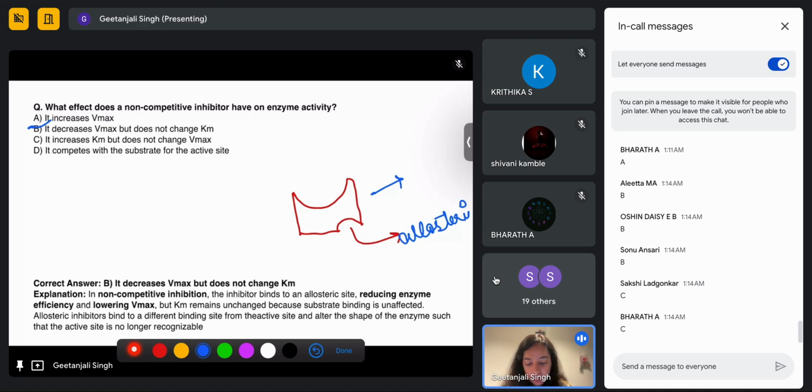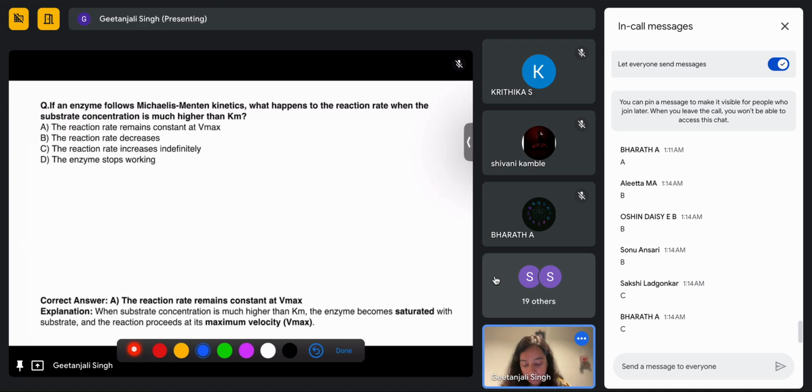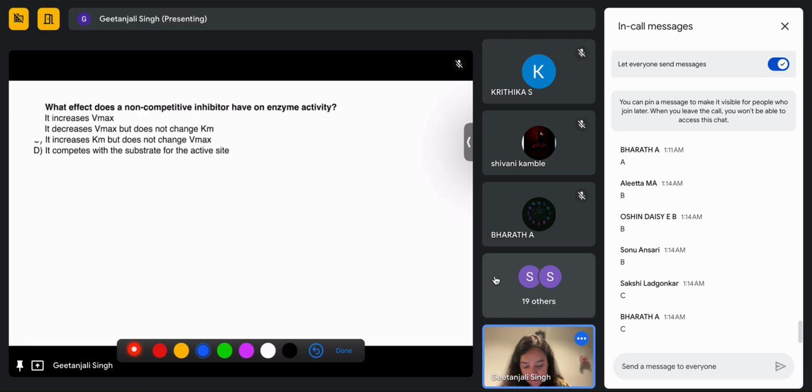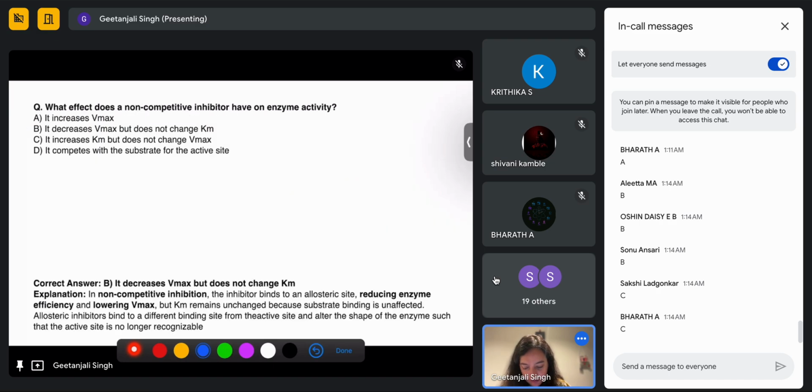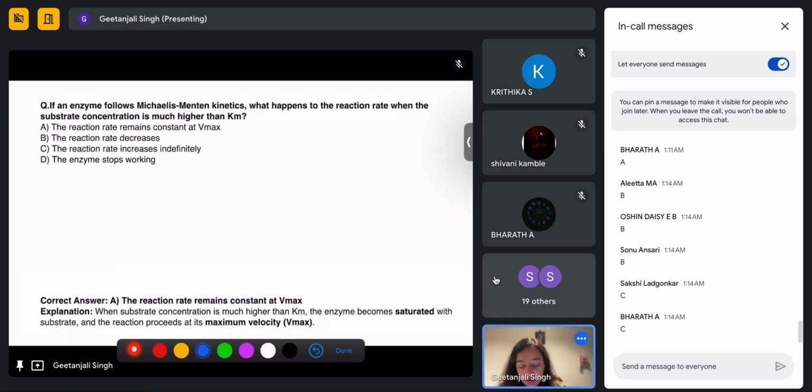If an enzyme follows Michaelis-Menten kinetics, what happens to the reaction rate when the substrate concentration is much higher than Km? I'll repeat this question again.